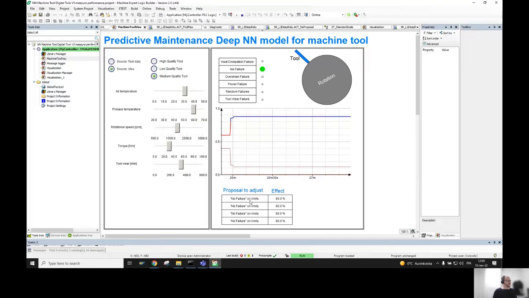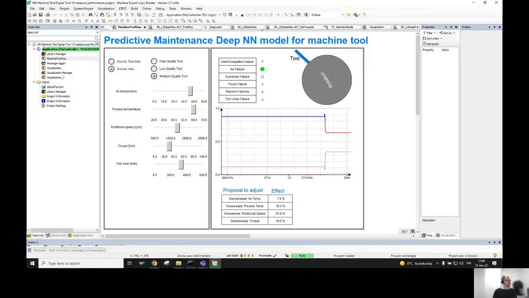And then we have a digital twin dimension for this also. Let's say we had a situation where no failure would be below the limit and some failure mode was rising.